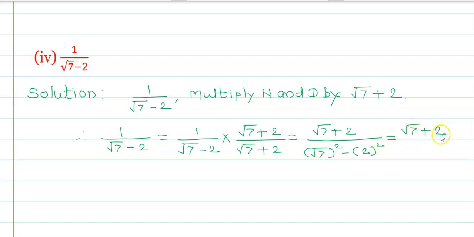root 7 plus 2, root 7 square is 7 minus 4.